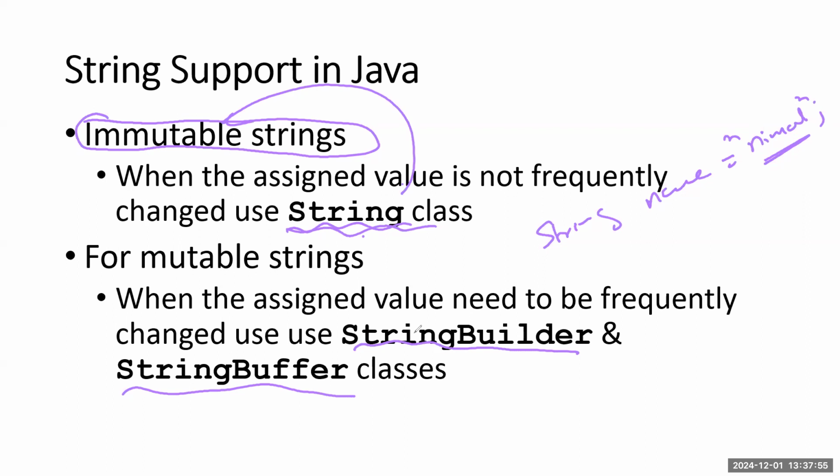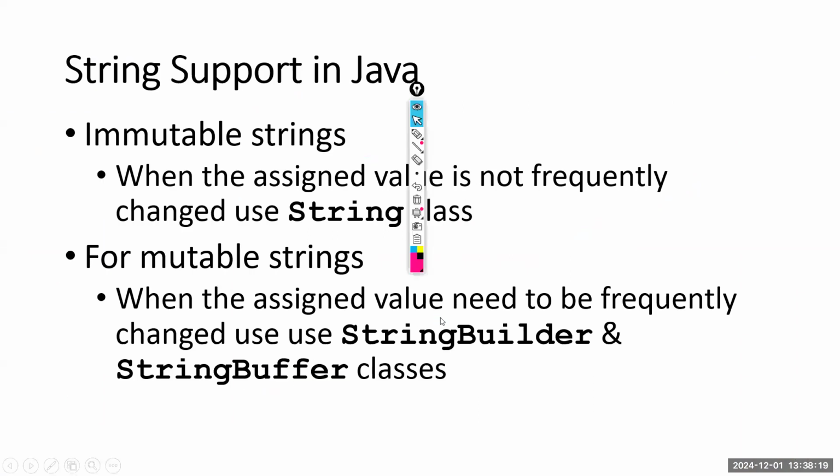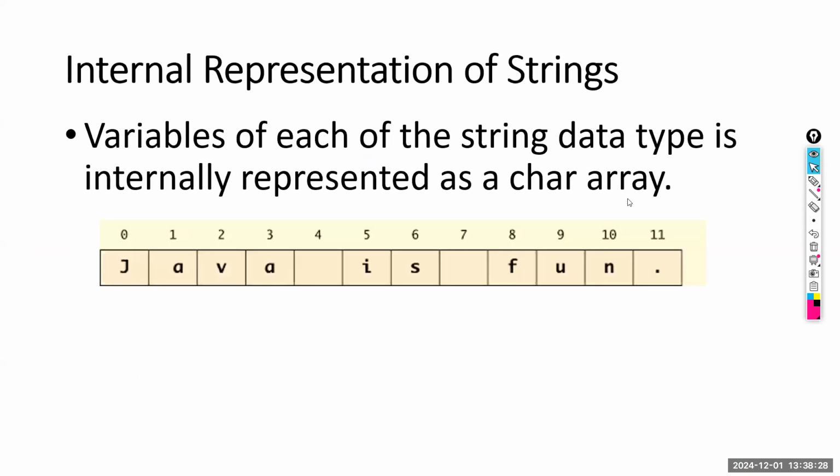StringBuilder and StringBuffer are more optimized for mutable strings. That is strings that you keep changing the values. Right. So let's first look at the String class, for immutable strings.